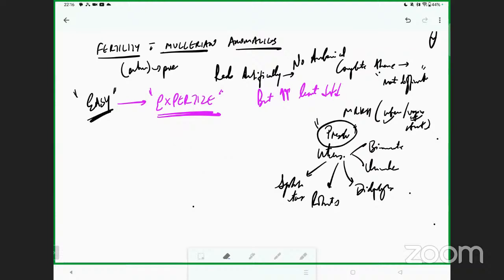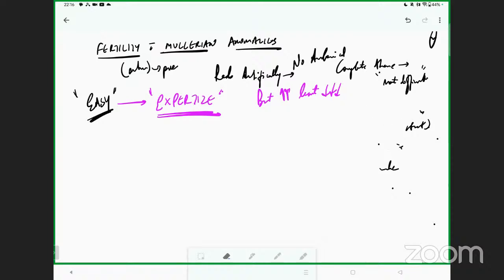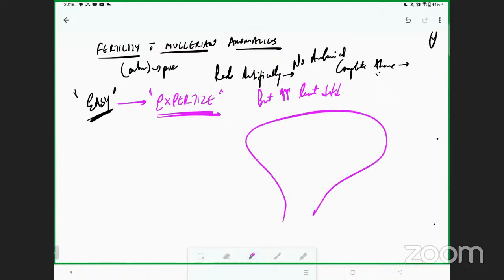We have all seen this. Though we don't try to correlate, we all know this. But in this diagram you will be like, oh, this is telling the truth. This is the uterus. If the cavity is T-shaped, we hardly treat.